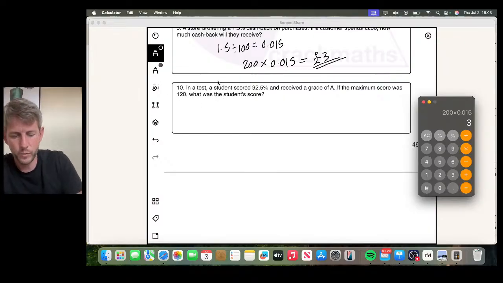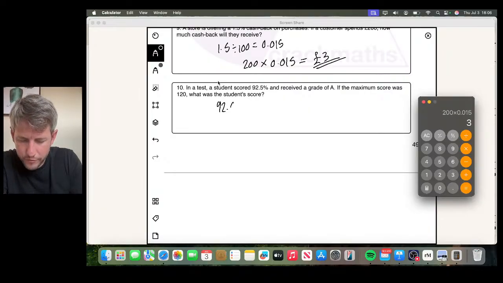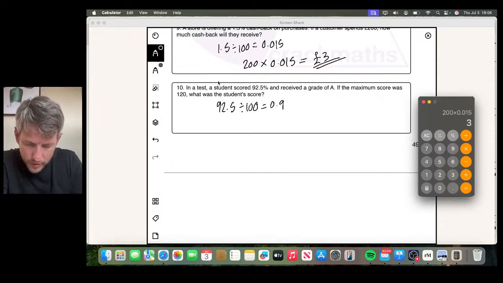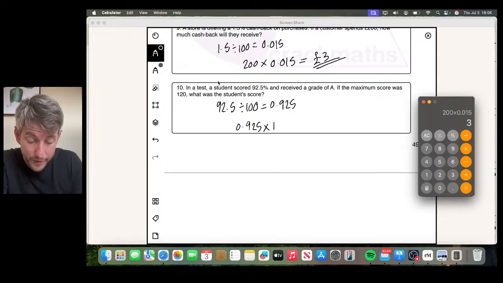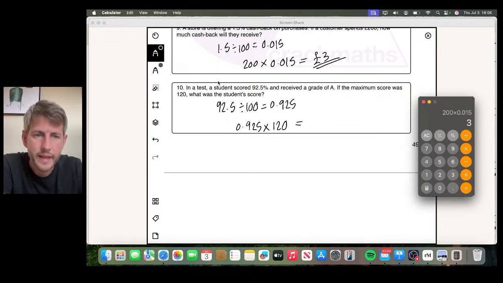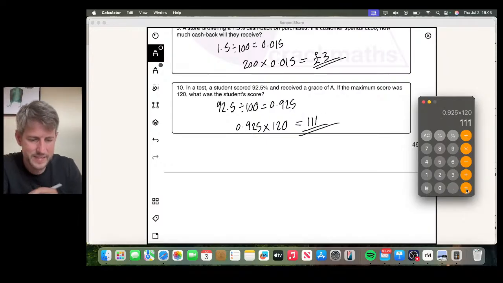So we do 92.5 divided by 100, which gives us 0.925. And then we'll do 0.925 multiplied by 120. And let's find out what that is. 111. Okay, so that's how many marks they got.